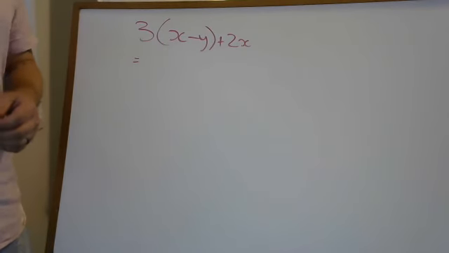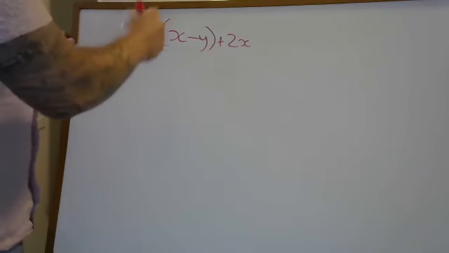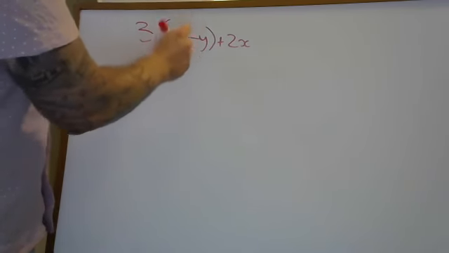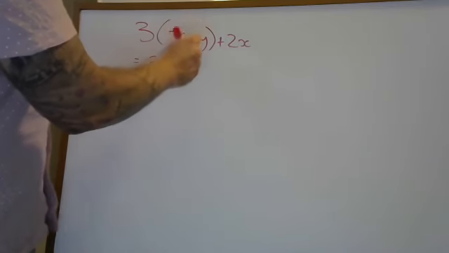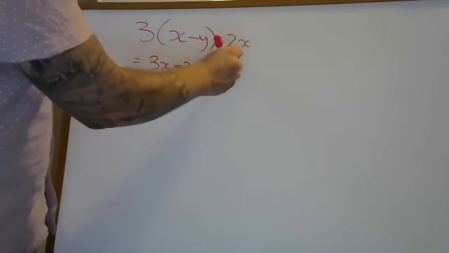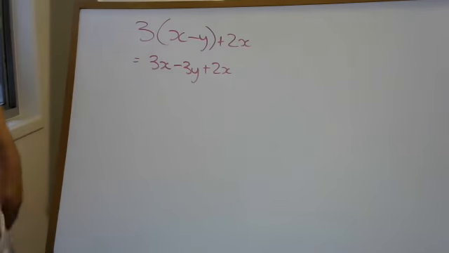So we have 3 times x, which is 3x minus 3y. So can we change that around? Remember our like terms?